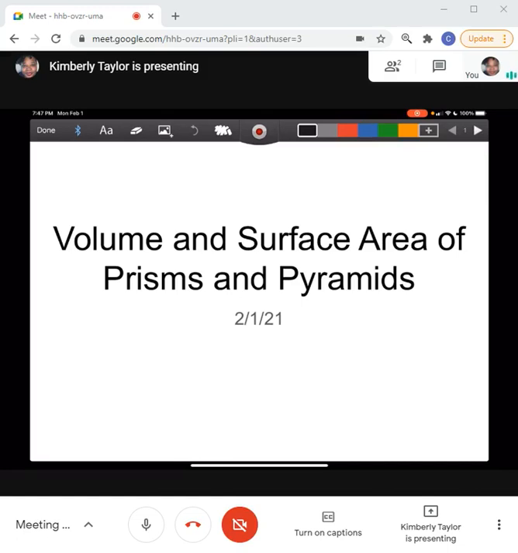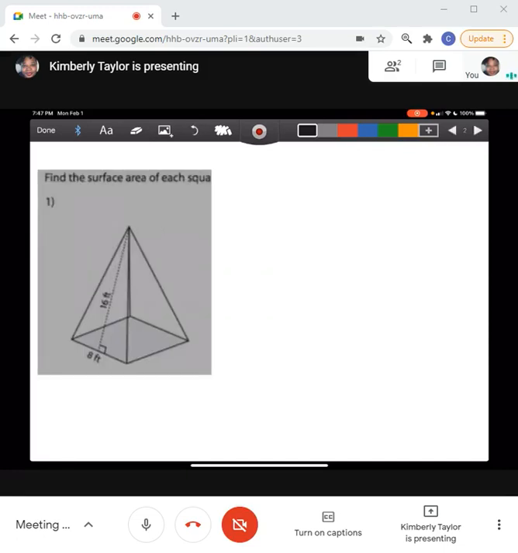Okay, so here's the first question. It says find the surface area of each square pyramid. So first off, let's talk about finding the surface area. When you're looking for area, you just use your basic area functions.